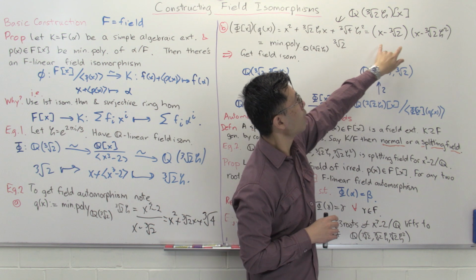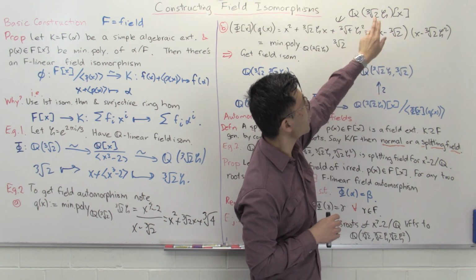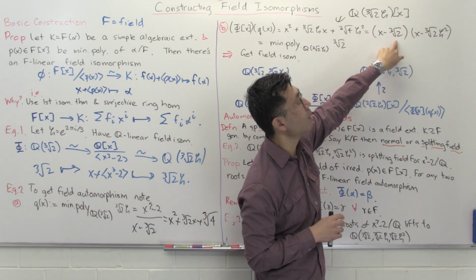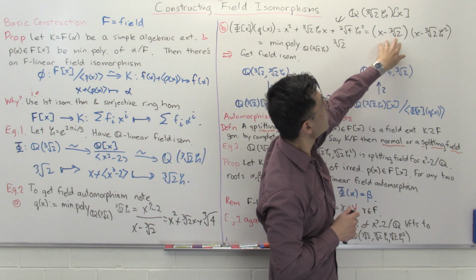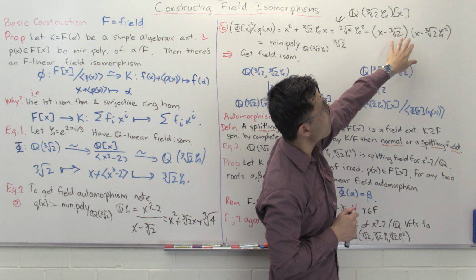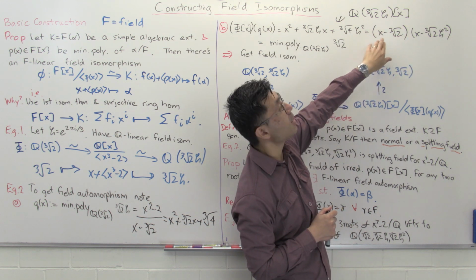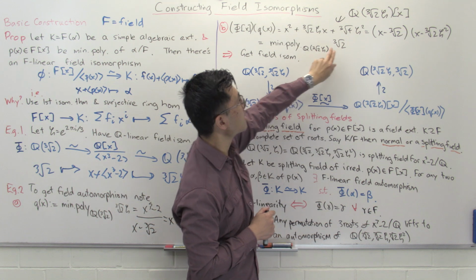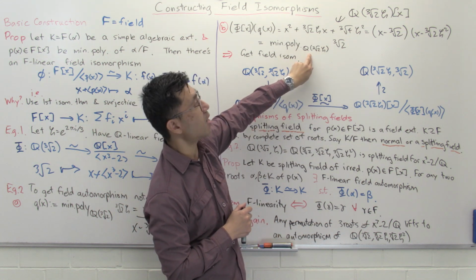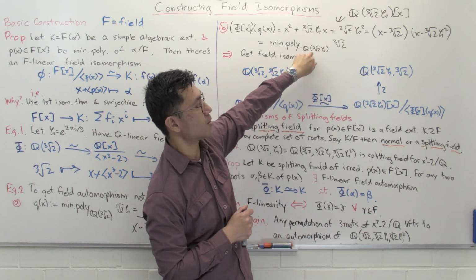And how do we know it's the minimal polynomial? Firstly, it is a root of this polynomial. And secondly, it is minimal in the sense that the minimal polynomial can't be any smaller. If it was smaller, it would have to be linear, so it would have to be x minus cube root 2. And that would suggest that this is inside this field, but this is clearly not inside this field. Okay, so they're different fields.